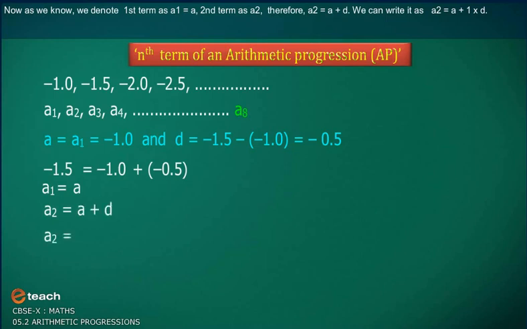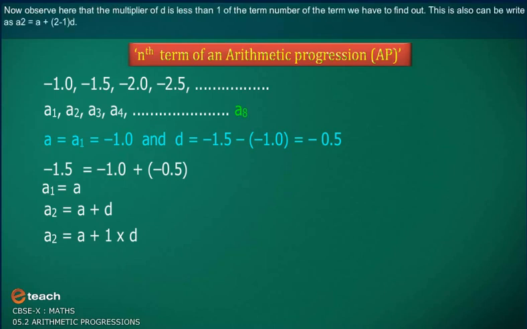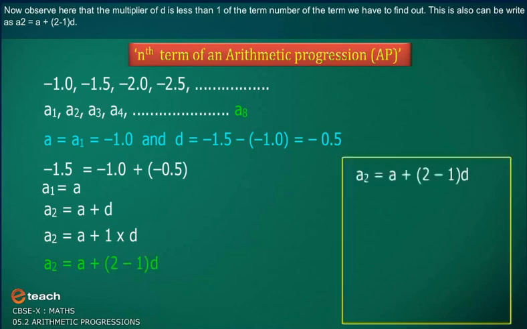We can write it as a2 is equal to a plus 1 into d. Now observe here that the multiplier of d is less than 1 of the term number of the term we have to find out. This can also be written as a2 is equal to a plus into bracket 2 minus 1 d.